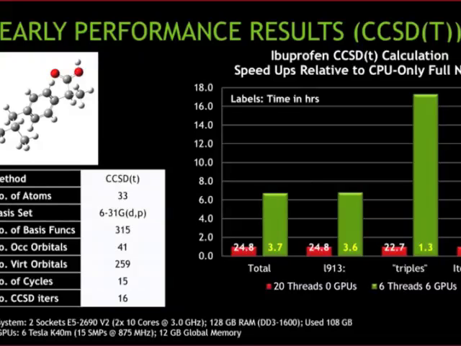Because the CCSD is not performing that well, the total acceleration is actually a little bit under 7x. But it's interesting to see that the triples correction is already faster than the CCSD iterative section. CCSD is an order N to the 6th type of problem, whereas the triples are N to the 7th. So this is really very promising.